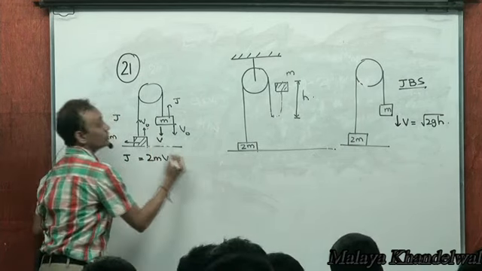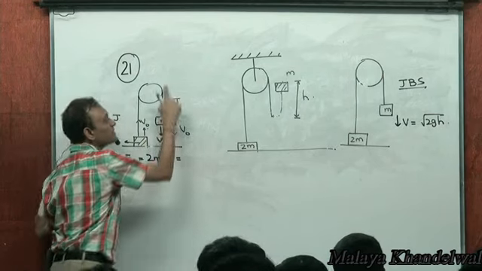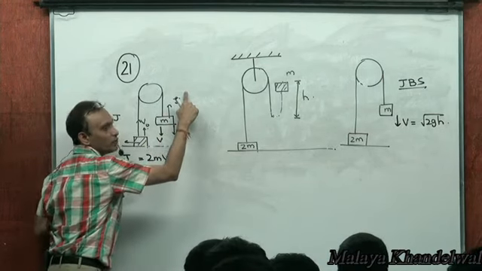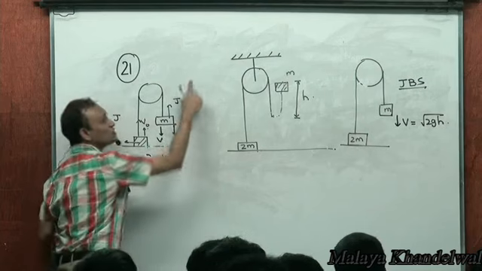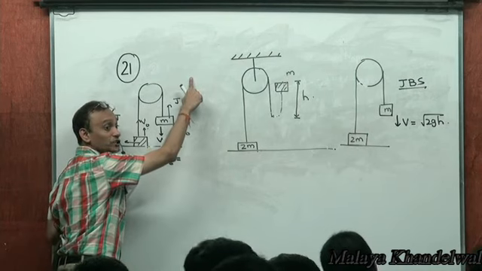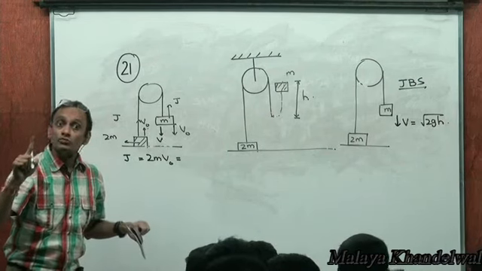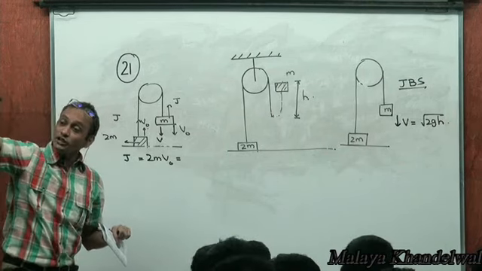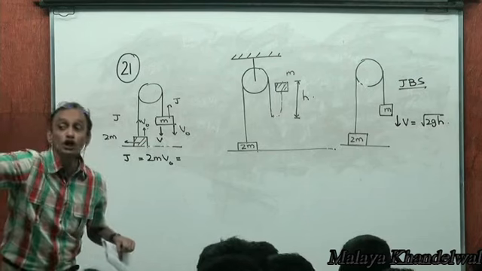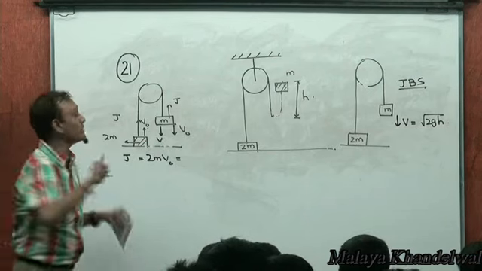Therefore, the impulse acting on this is the final linear momentum in the direction of impulse minus the initial linear momentum in the direction of impulse.